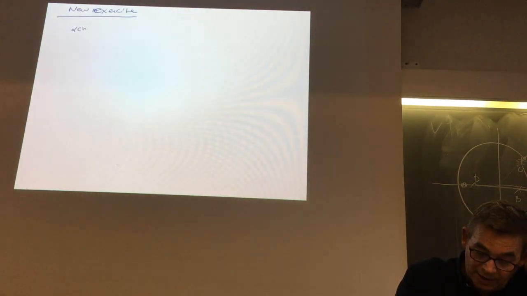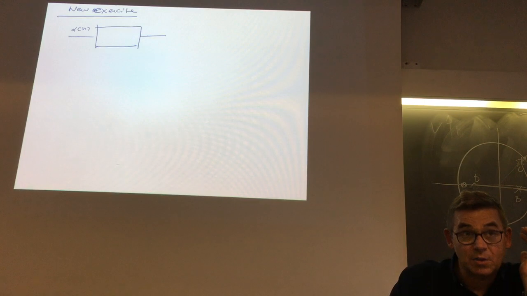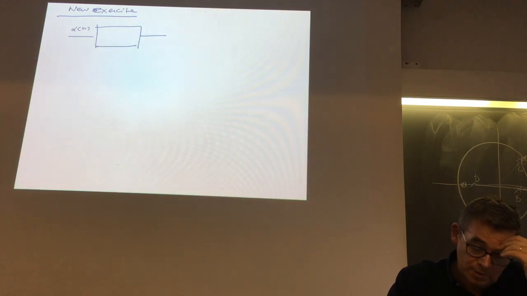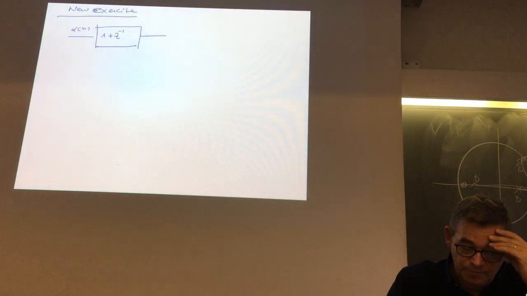Assume we have an alpha n, and this alpha n is exciting an all zero system. So we have, I don't know, 1 plus z minus 1. That's it. Let's make it simple.